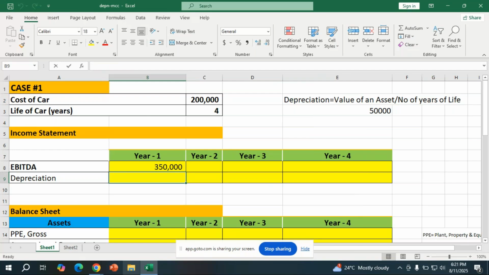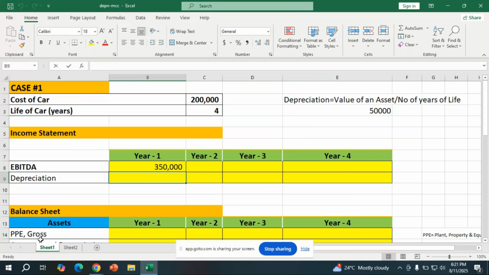So what does EBITDA stand for? Earnings before interest, tax and depreciation. So for 1 year we have given the EBITDA, which is 3 lakh 50,000, and for all the 4 years we have to calculate the depreciation.